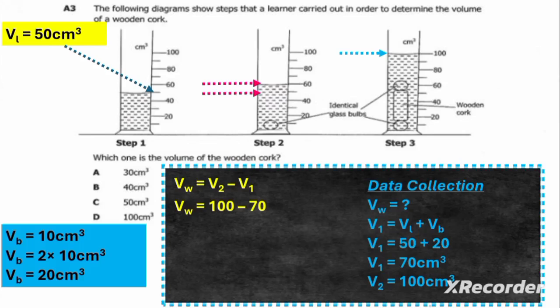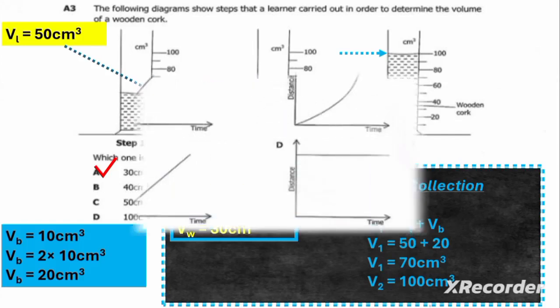Then 100 minus 70, we get 30 cubic centimeters. So our correct answer here is A. Without wasting much of our time, let us move to the next question.